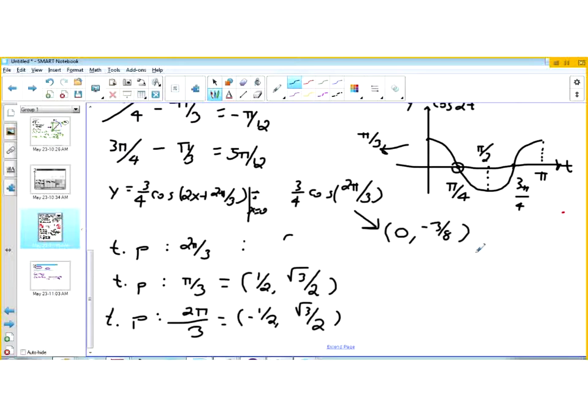Okay, so I want to give you a summary sketch, summarizing what we've done so far with graphing of trigonometric functions. Let me pull up the note.